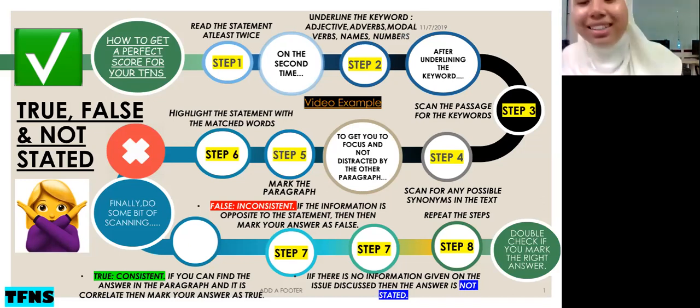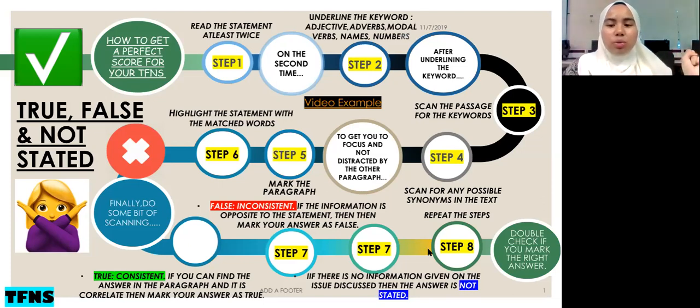Also, to make sure that you are not careless or do not miss any important information, you are encouraged to repeat the steps. To repeat the steps is to make sure that you really get the answer correct.